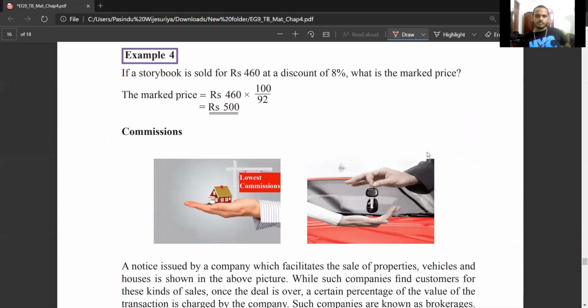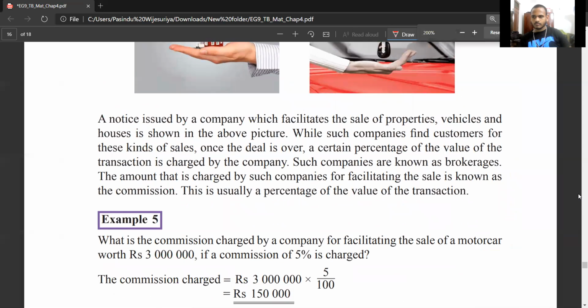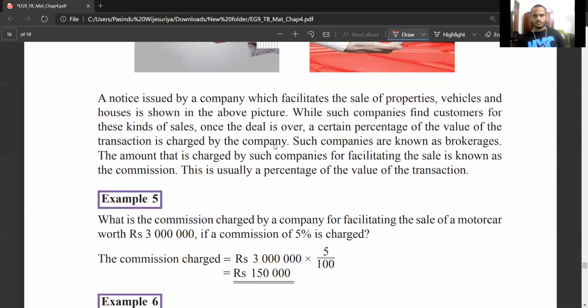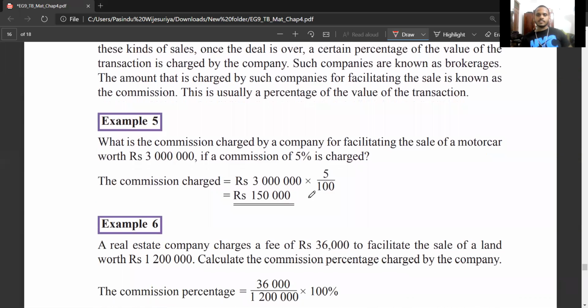So that's pretty much it. And so when it comes to commissions, it's pretty much the same thing.